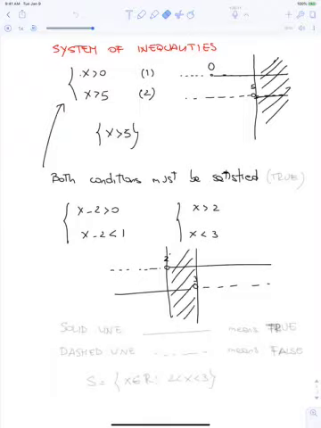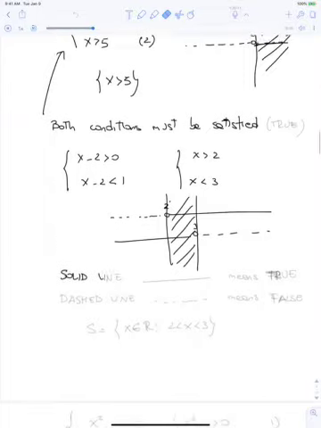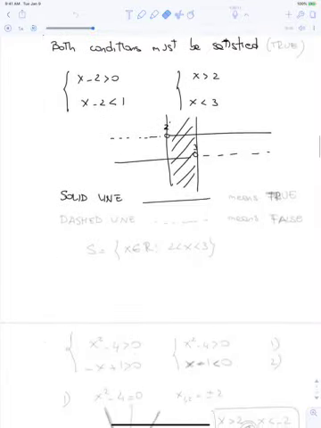So in my graphical representation, the solid line means true or satisfied. And the dashed line or dotted line means false.